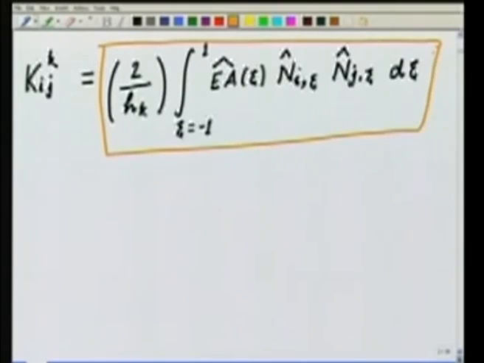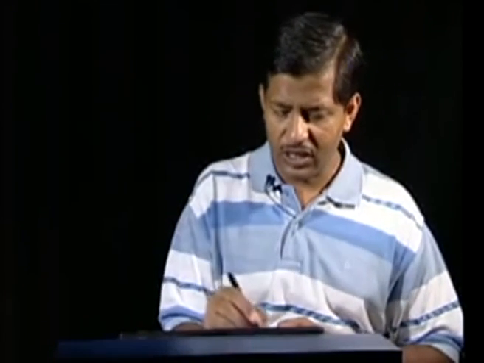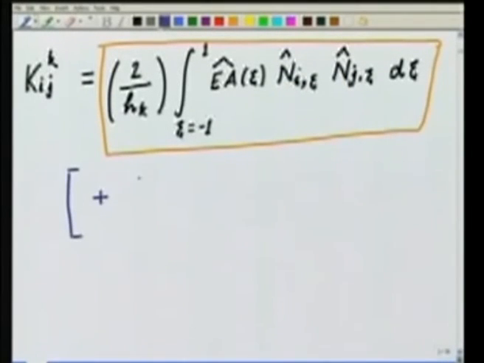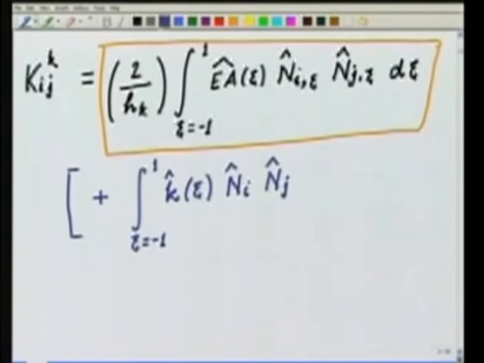Now if I have the elastic support also present, then it is not difficult. In the case of elastic support, I will add this extra bit: integral psi is equal to -1 to 1, you will have k hat of psi into N_i hat into N_j hat.